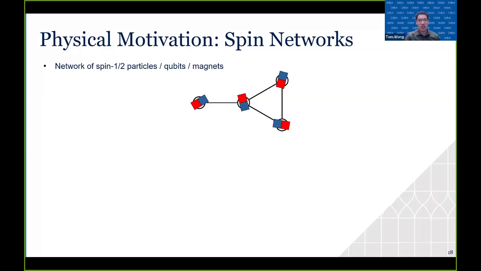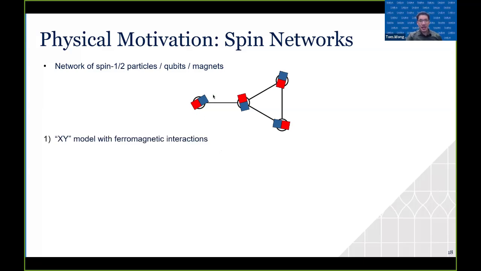And so you can see that they're currently pointing all sorts of different ways, but the idea is that if you have an edge connecting two vertices, then these two magnets are going to interact, and they might want to exert forces on each other and point in the same direction. And so these two magnets are going to be wanting to align. These two magnets might want to align. These two are going to want to align, and these two are going to want to align.